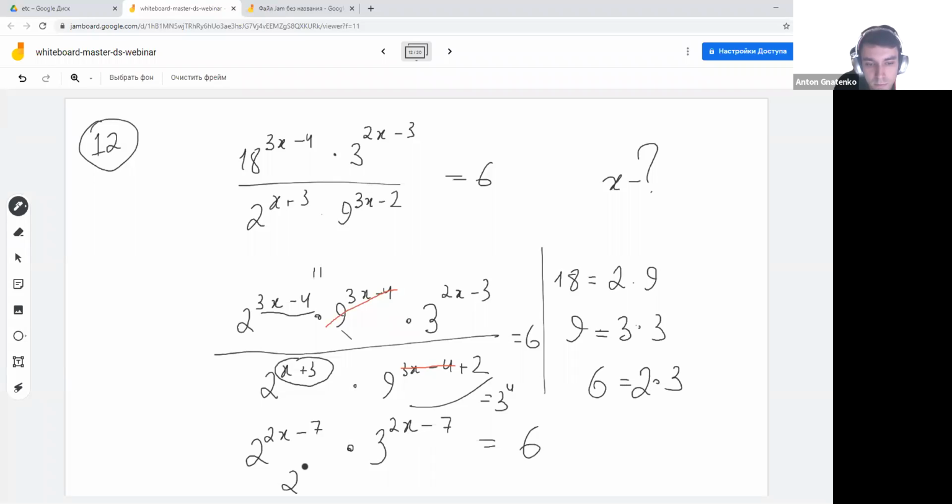So our final, very last equation is this: 6 to the power of 2x minus 7 equals 6, which means that 2x minus 7 equals 1, which means that x equals 4.